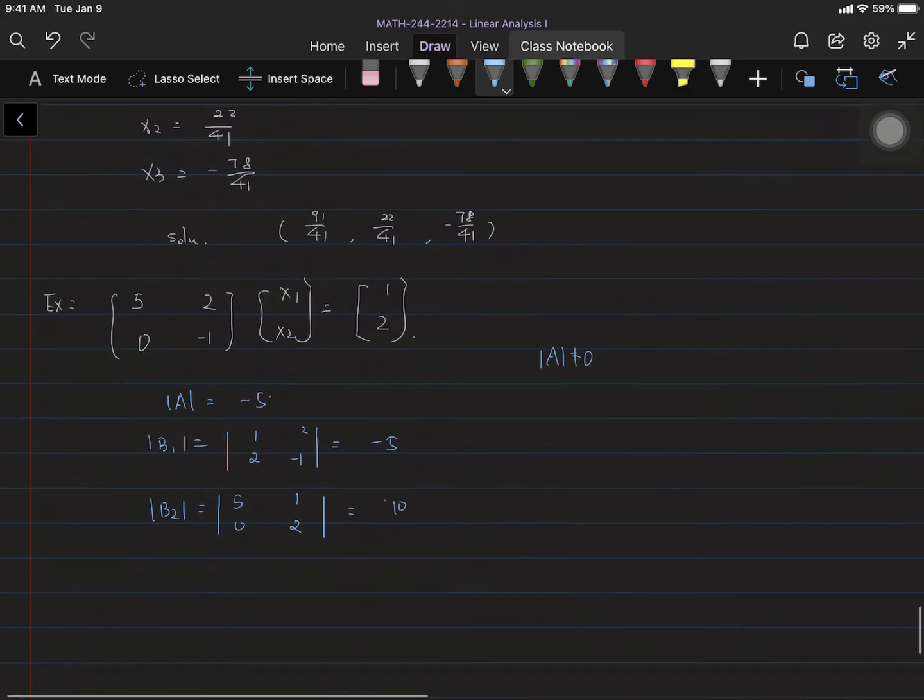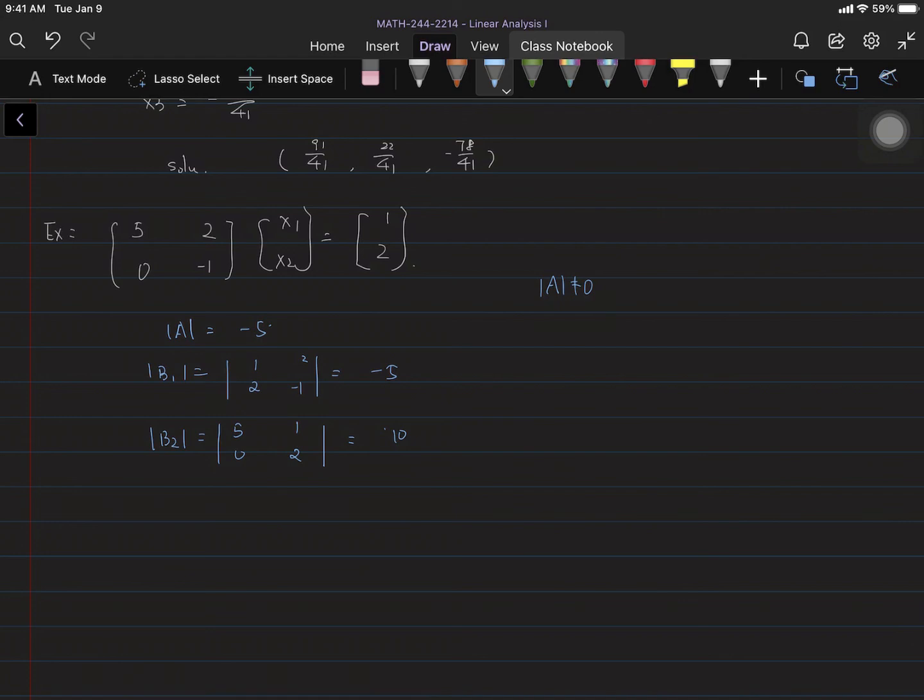So what's the solution for this problem? The solution is pretty easy. So x1 is B1 determinant over A determinant, which is 1. B2 determinant divided by negative 5, so x2 should be negative 2. So this is x2. So this is the solution. Okay, this is Cramer's rule.